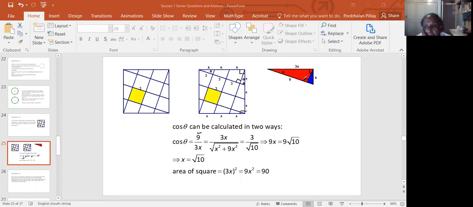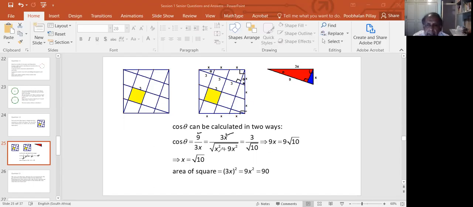But this hypotenuse can be calculated because I've got the other two sides, 3x and x. So you can work out in the large triangle, cosine of theta is 3x, which is the adjacent, over the hypotenuse, and the hypotenuse can be calculated using Pythagoras. Pythagoras says that the hypotenuse is the square root of x squared plus 3x all squared, which is 9x squared.